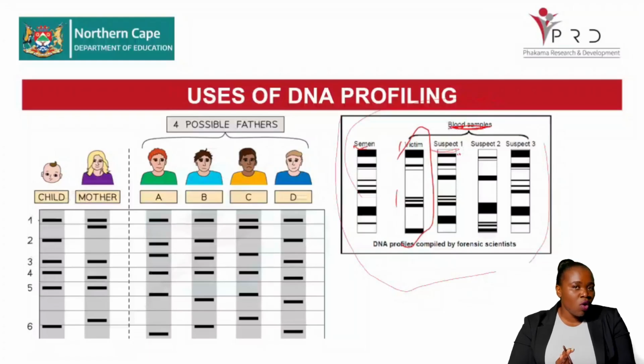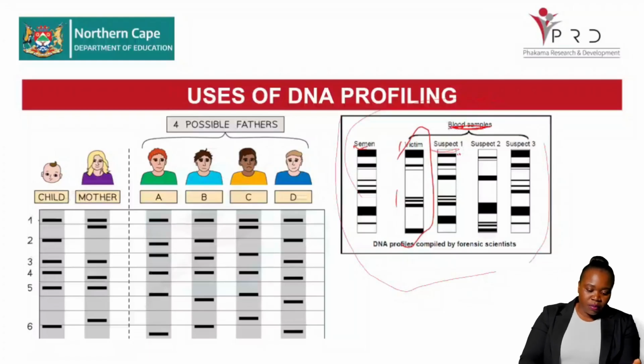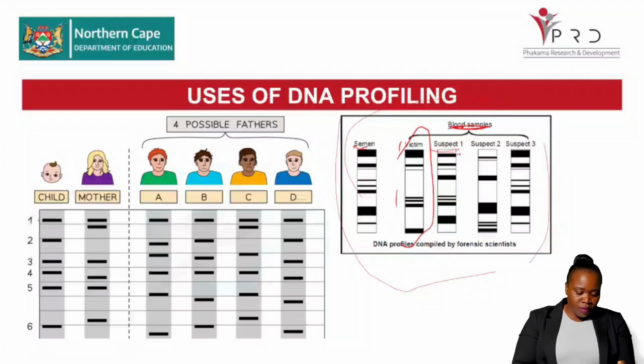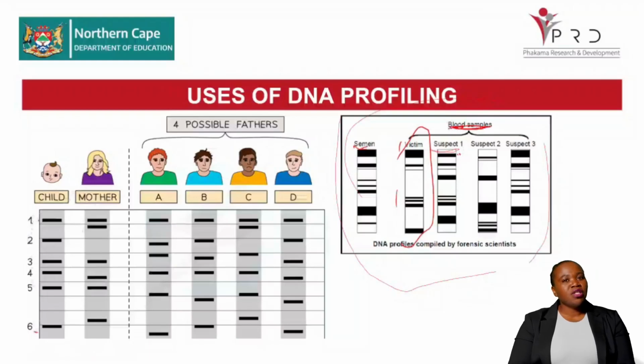If they do not all match the father, it means that that individual is not the father. Meaning that now, here we're going to look at a comparison of the profiles of the child from number 1 to number 6 with the profiles of the mother. Half of the bands must match with the mother and half of the bands must match with the father, because any individual or any child has genetic material 50% of the mother and 50% of the father.